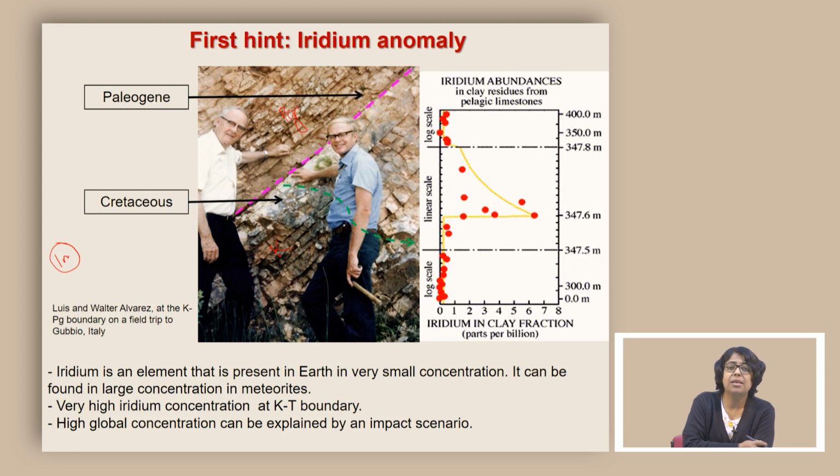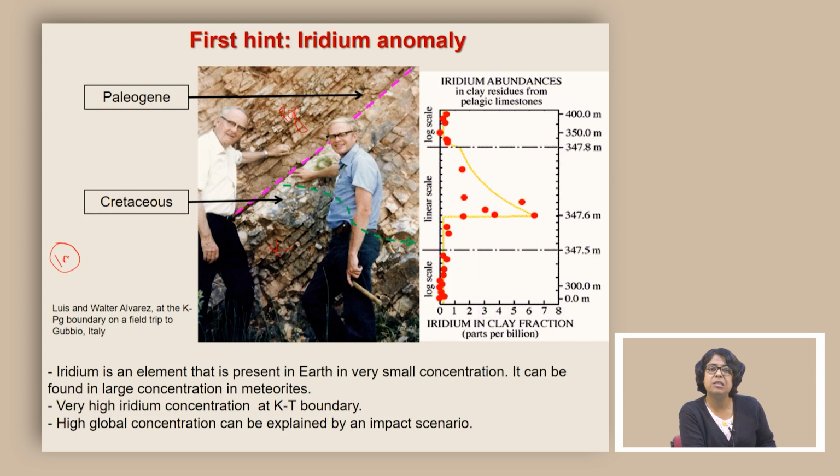Now, what is this element iridium? It is an element, and we do not really find it in high concentration in Earth's crust. We only find high concentration of iridium in asteroids, comets, and things which are outside the Earth.